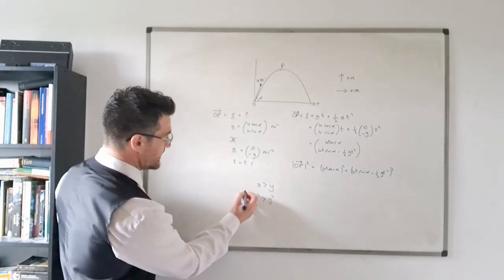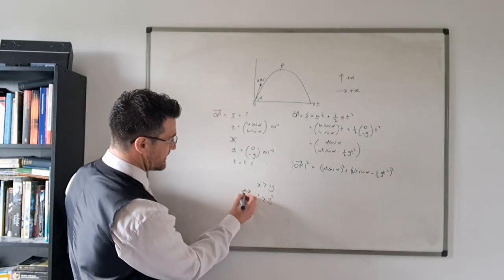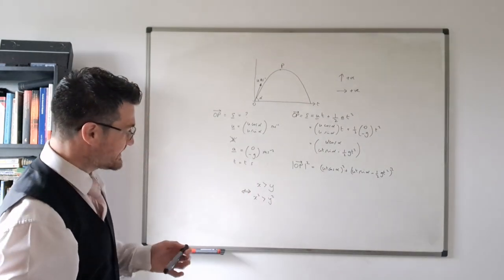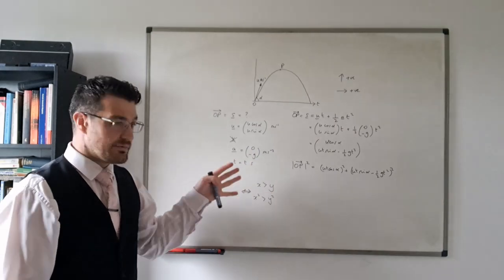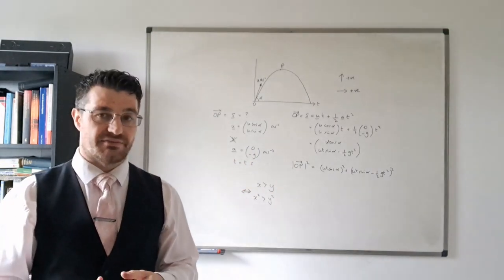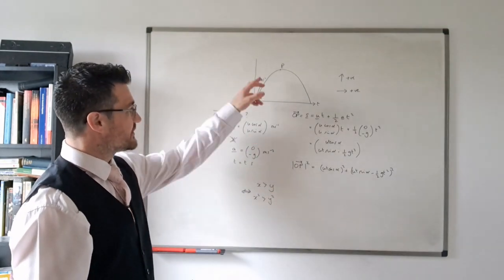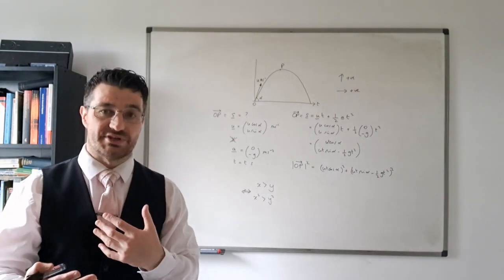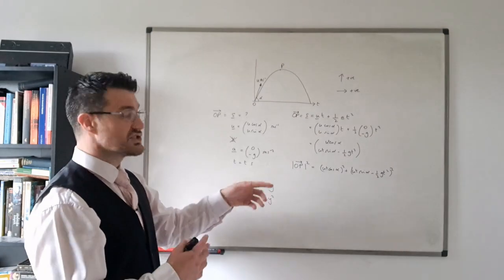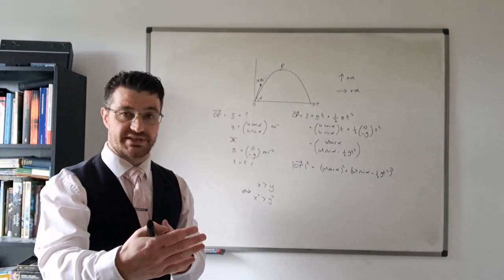This is an if and only if, okay? It implies and is implied by. This is the kind of idea that I'm going to be using. So if I want to maximize the value of the distance function, OP, let's say, then I can get the same result by maximizing the square of the distance function.